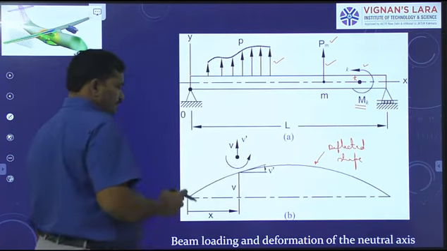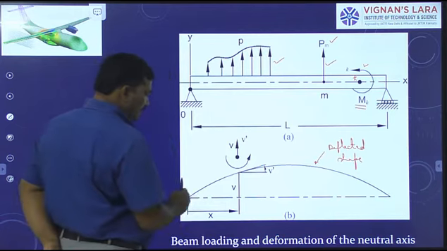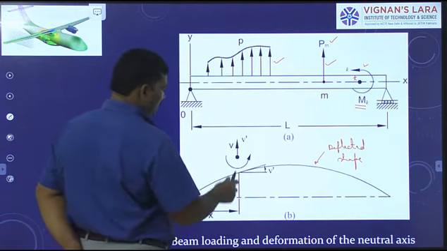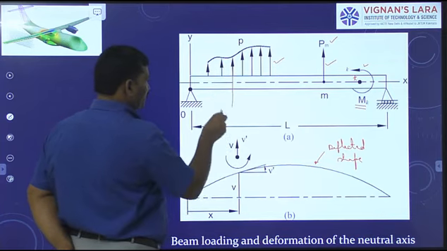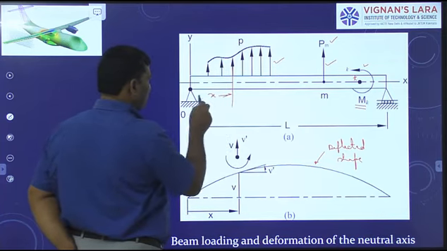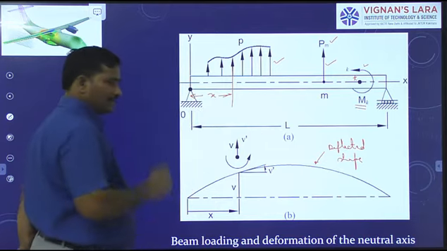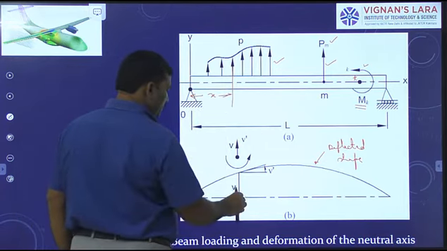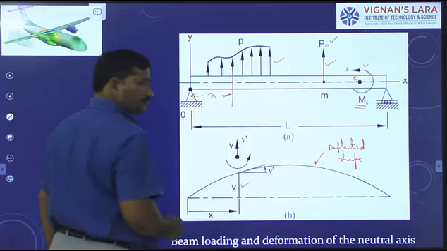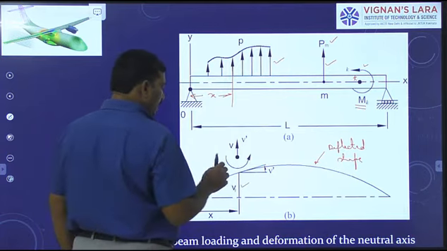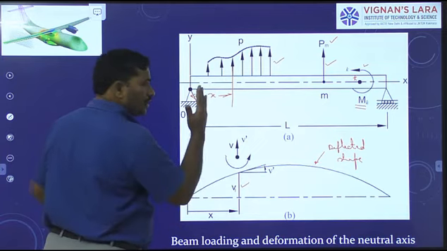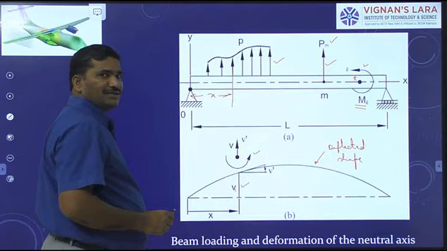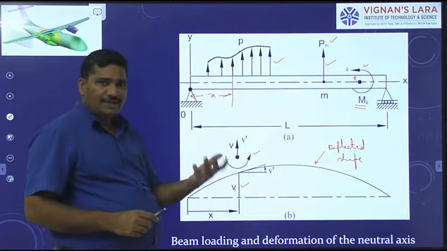Now, if you take a section distant x from the first end, this section displaces by an amount V, right? And the same section also rotates counterclockwise by an amount, say theta.